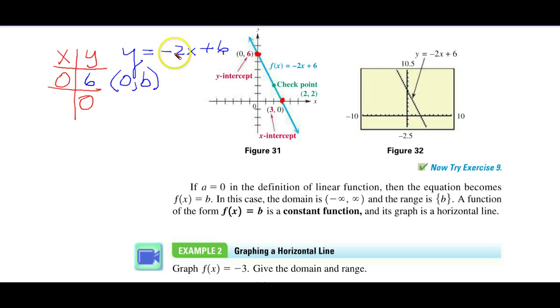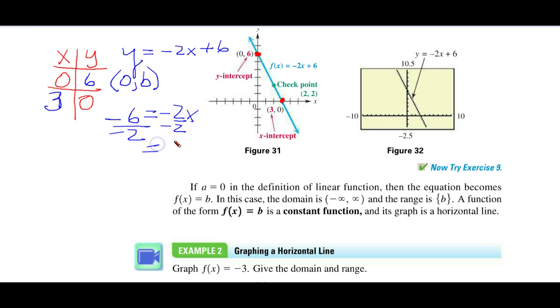Now, for our x-intercept, we have to have y as 0 over here. So I'm going to transpose that 6 to the other side, because that's a 0 now. Transpose the 6, and I get a negative 2x. I'm going to divide both sides by negative 2. And I get this as a 3.